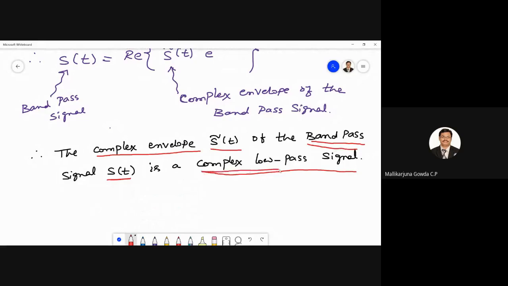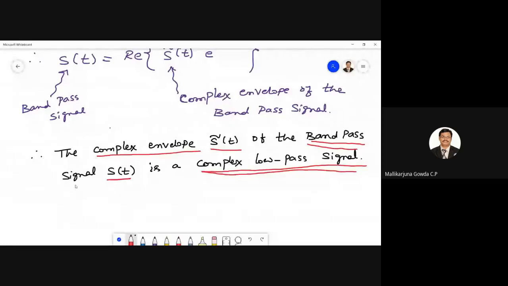So what is the need of mapping this band pass signal to the complex low pass signal? Anybody can say why I did all this? Why I am mapping the band pass signal to the complex low pass signal? Hope you're understanding my question. See, here I represented the band pass signal as what?